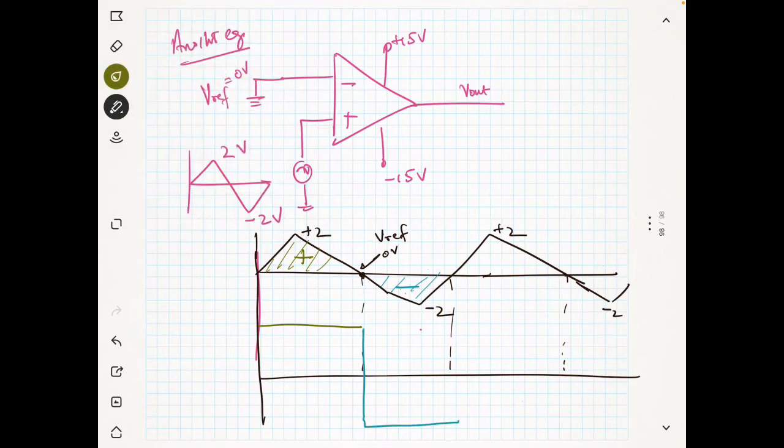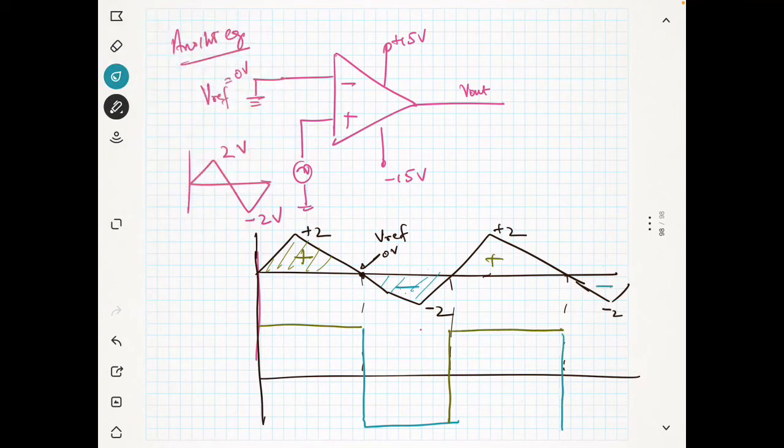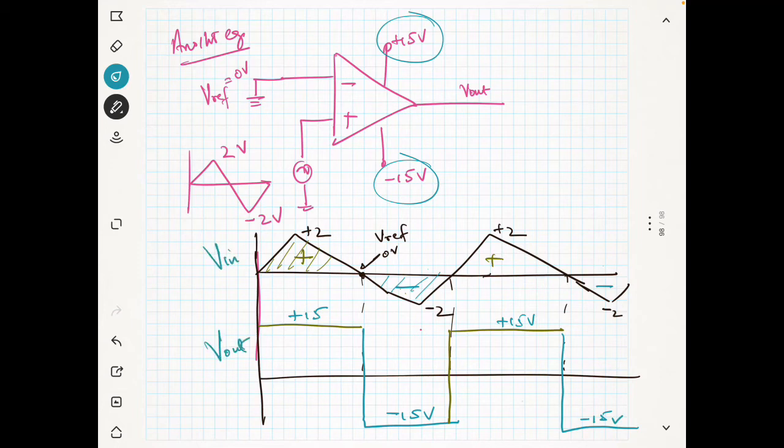Then again the output will move to positive because the input is positive, and then to negative. So the output is plus 15 and minus 15, because the op amp moves to its maximum voltage. This is the output and this is the input.